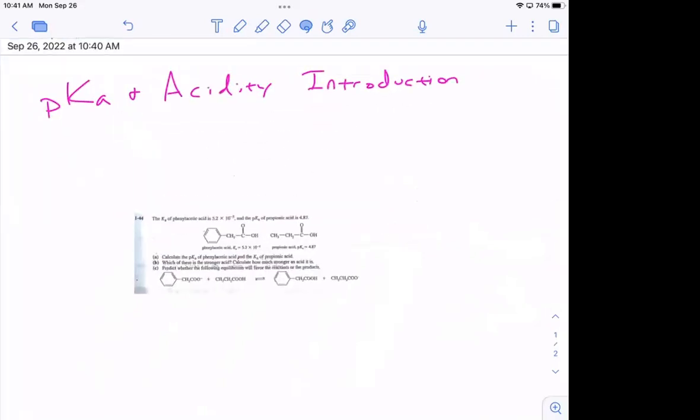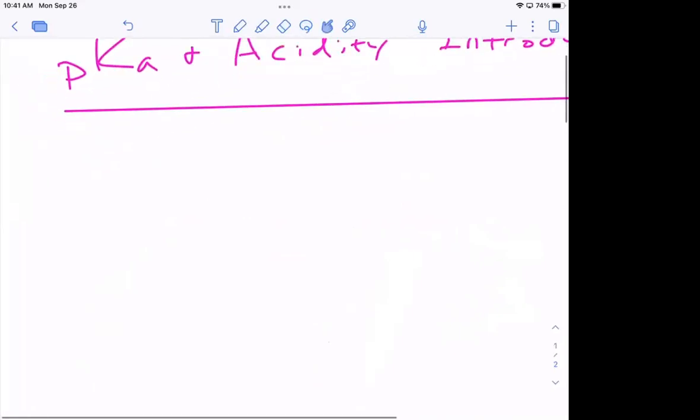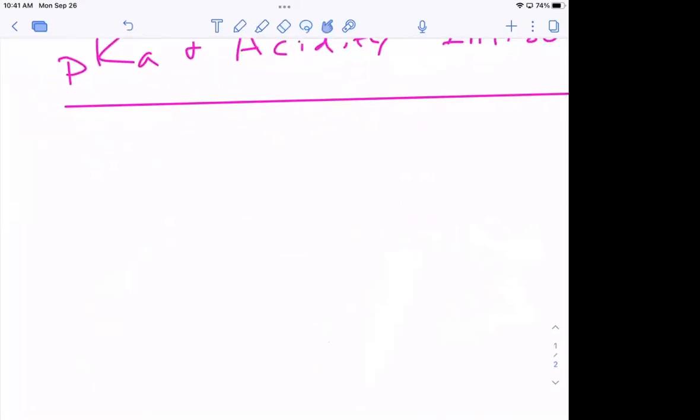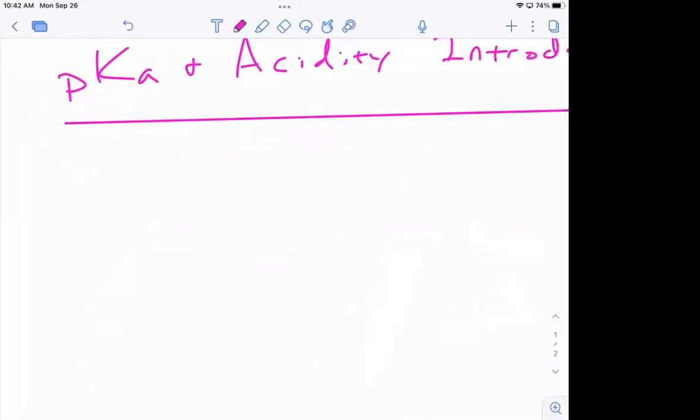All right. So when we talk about acidity, in GChem you probably learned about 2 types of acids and 2 types of bases. So Lewis, I'm gonna start out with Lewis acids.